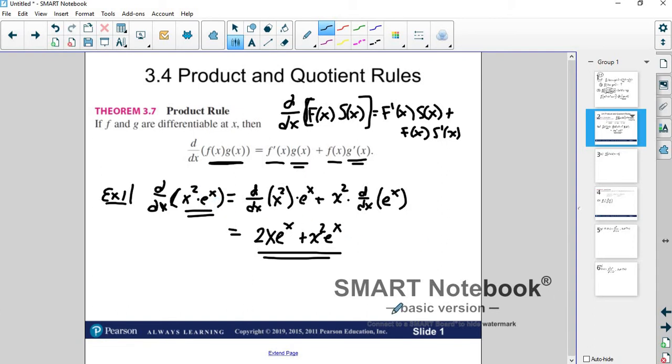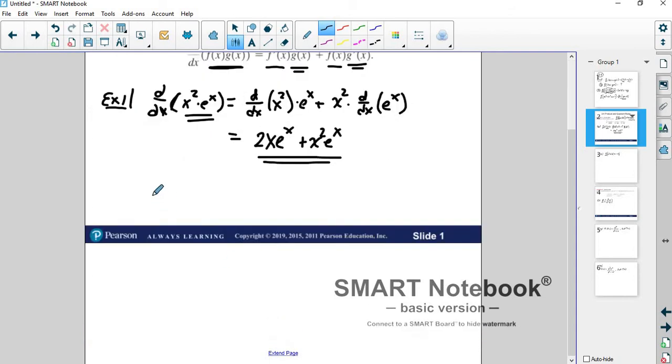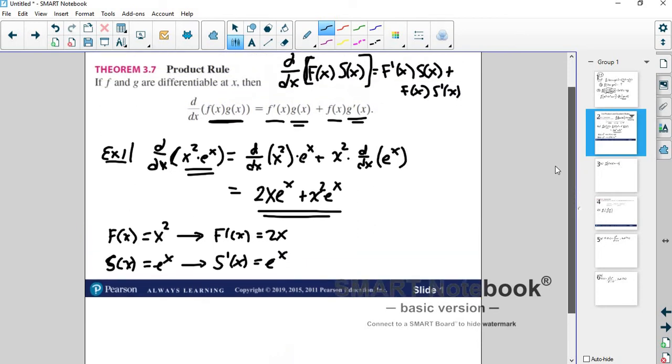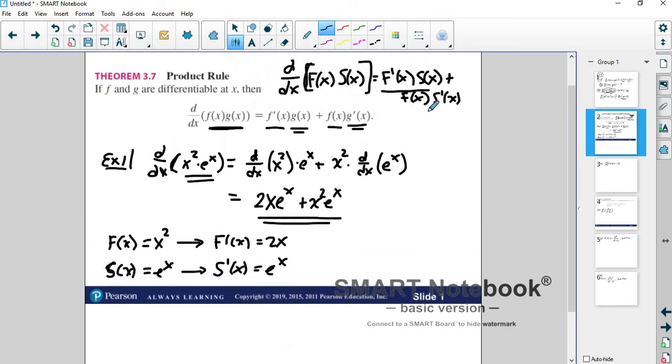And a second way you could do it would be if you wrote big F of x as x squared and big S of x as e to the x, and then you found the derivatives as 2x and e to the x, then you can just plug them into this formula that you've got right here, F prime S plus F S prime.